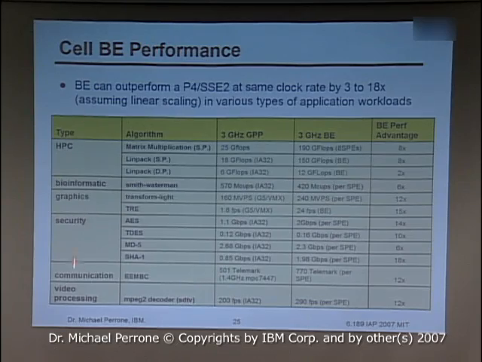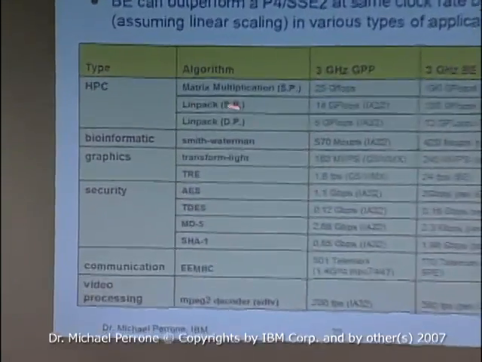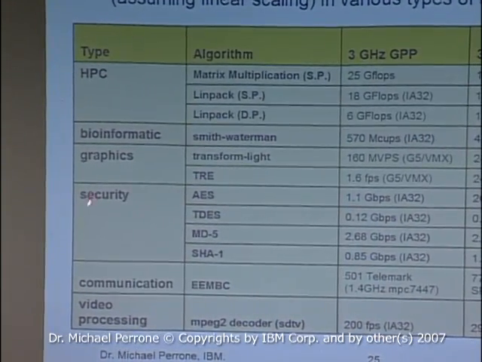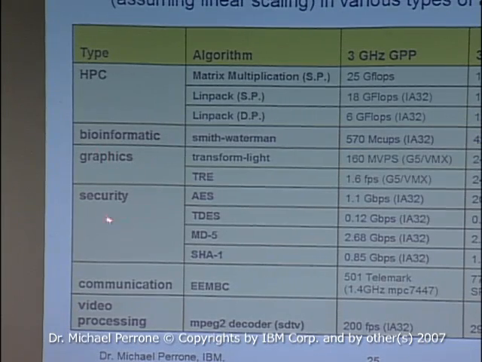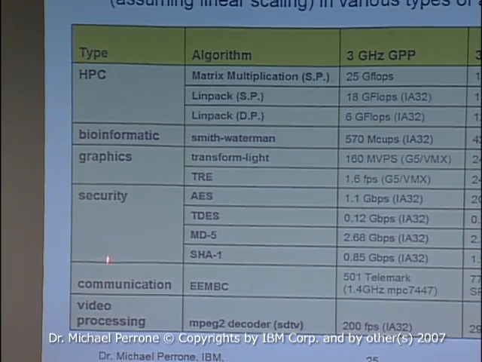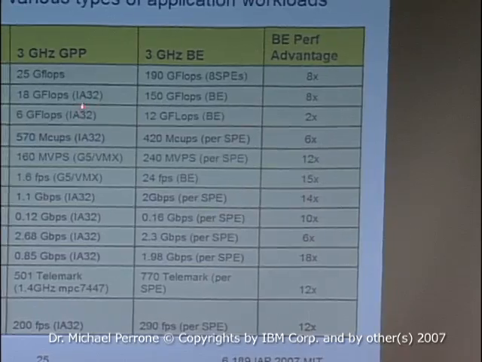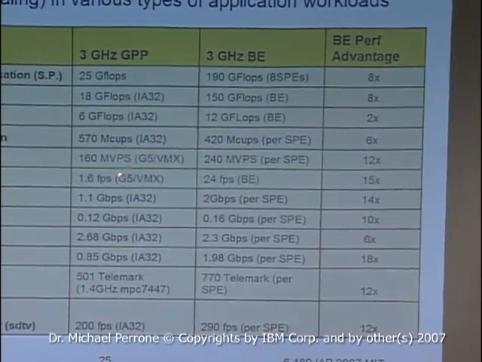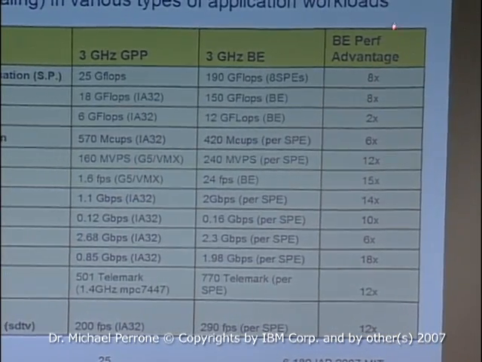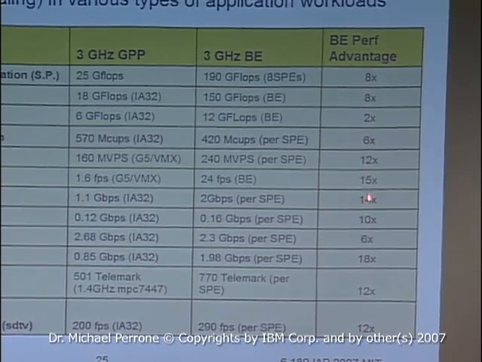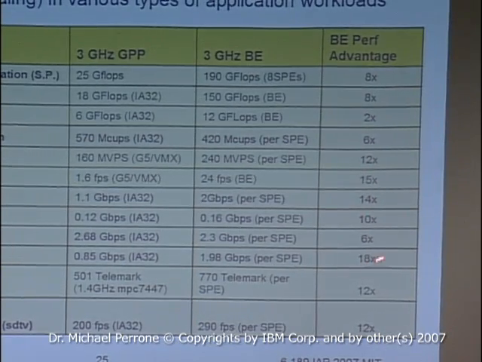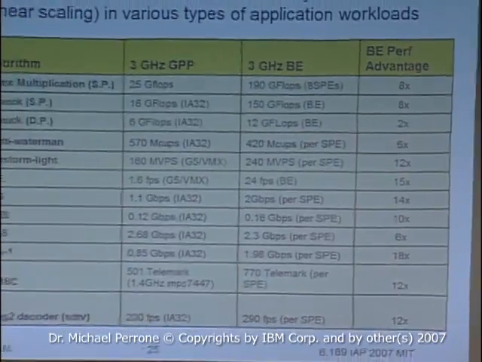This is the type of calculation: high performance computing like matrix multiplication, bioinformatics, graphics, security. It was really designed for graphics, right? Security, communication, video processing. And over here you see the advantage against an IA32, a G5 processor. And you see 8x, 12x, 15, 10, 18x. Very considerable improvements in performance.